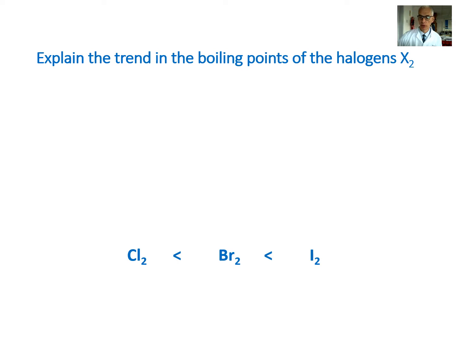So we write the general formula as X2. So we've got chlorine, bromine, iodine. So how would we explain the trend? Try to use the idea of London forces to explain the fact that chlorine has a lower boiling point than bromine, than iodine.